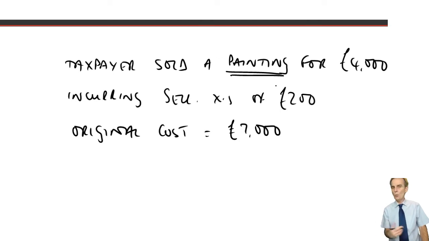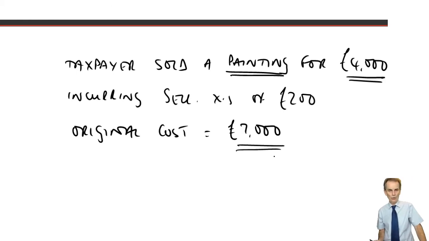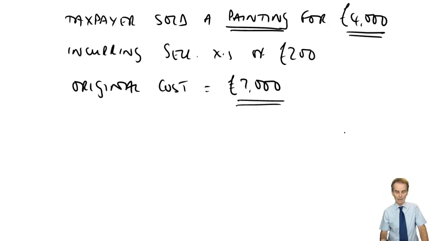It's not a wasting chattel. It's a painting. It's sold for 4,000. That is less than 6,000. It was bought for 7,000, more than 6,000. That, therefore, is where this rule that you must now apply comes in. But the hardest part here is actually knowing that this is the rule being tested. You have to work that out from the information in the question.